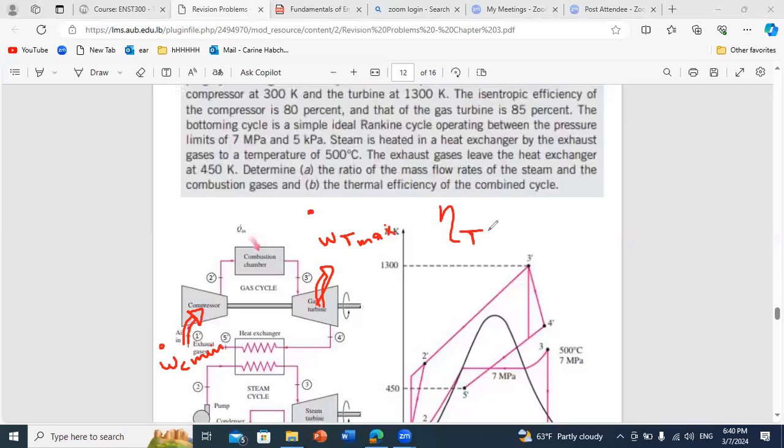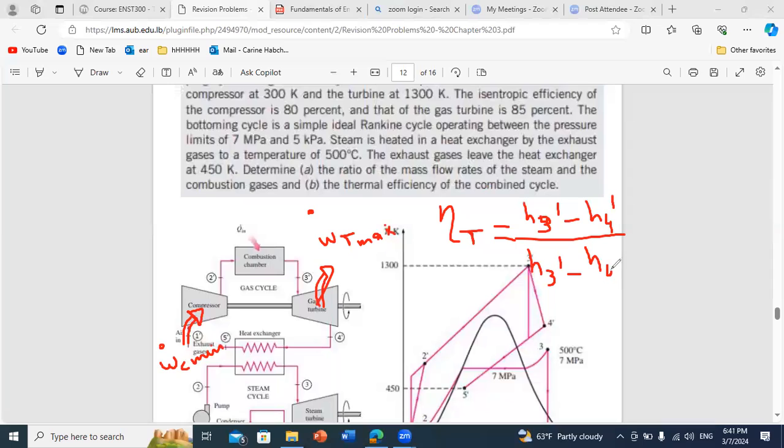That's why the isentropic efficiency of the turbine is defined as h3 prime minus h4 prime over h3 prime minus h4 prime s.